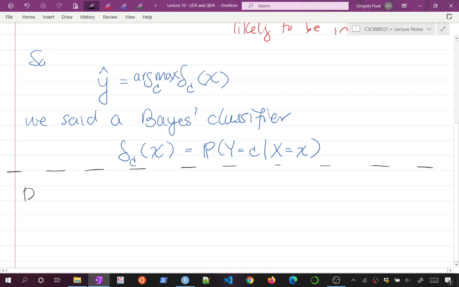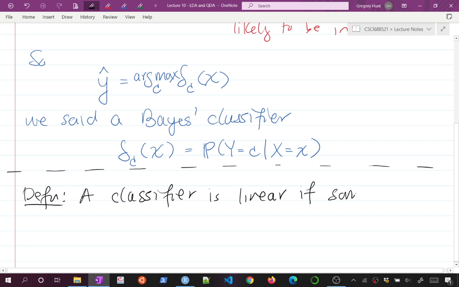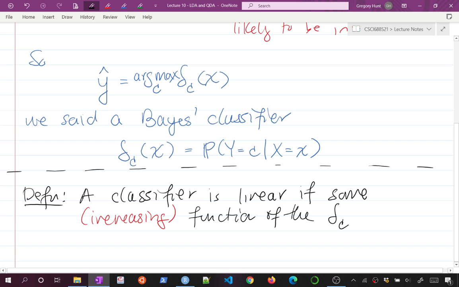And we had this definition, which was that a classifier is so-called linear if some, let's say, increasing, but generically monotonic, function of the discriminant functions is linear.